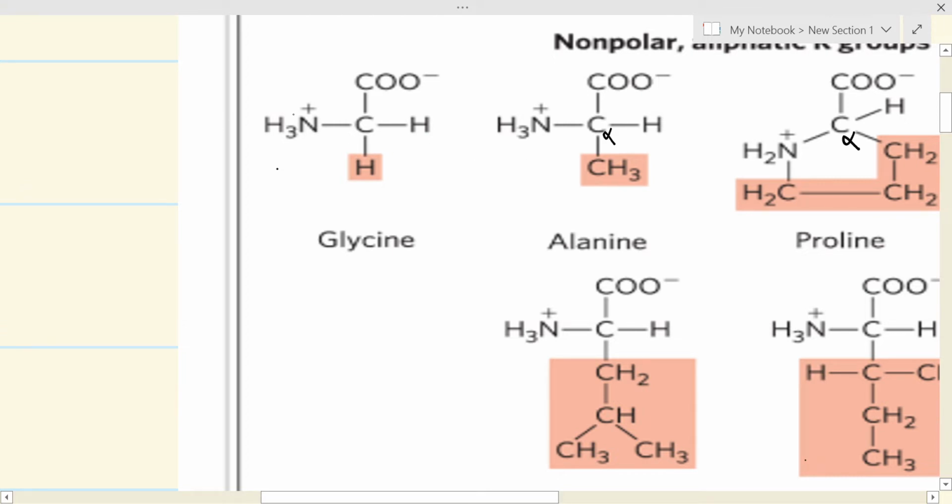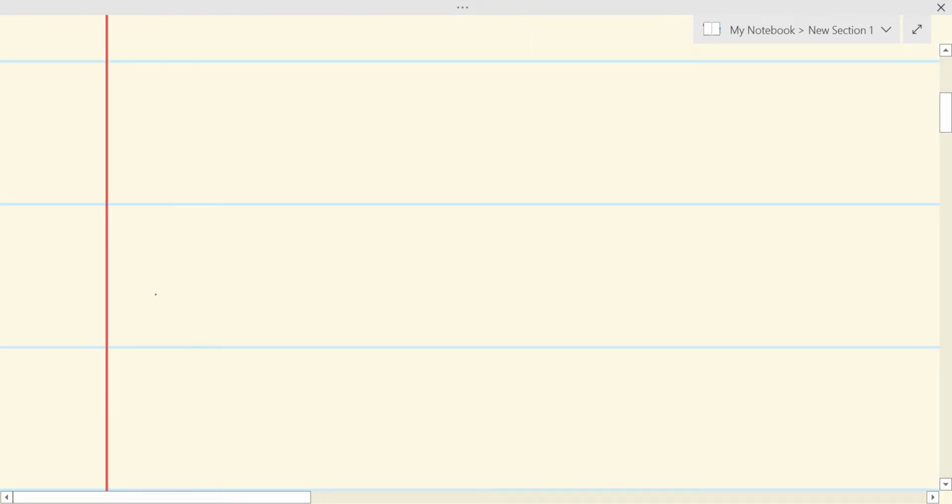Before I start with any of these amino acids, it is important that we understand the skeleton of an amino acid. This is the central carbon, and as we know, carbon has 4 valency. It can form 4 bonds.